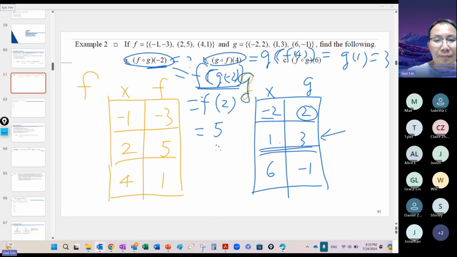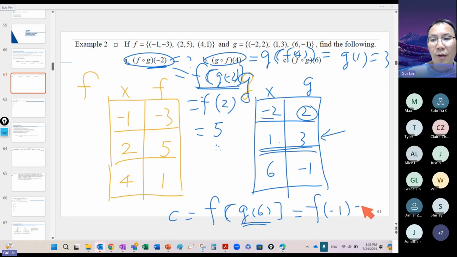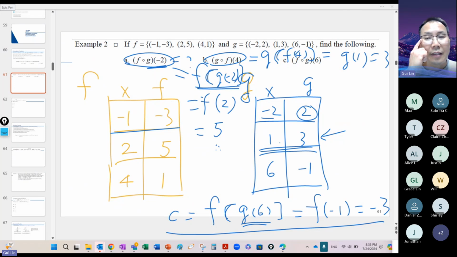Let's see C. C is f of g, and we use the 6. The g(6) we find first equals -1, right? Then f(-1), from here, you got -3. Way much easier, right? So the only thing you need is to understand their description and what it actually means.